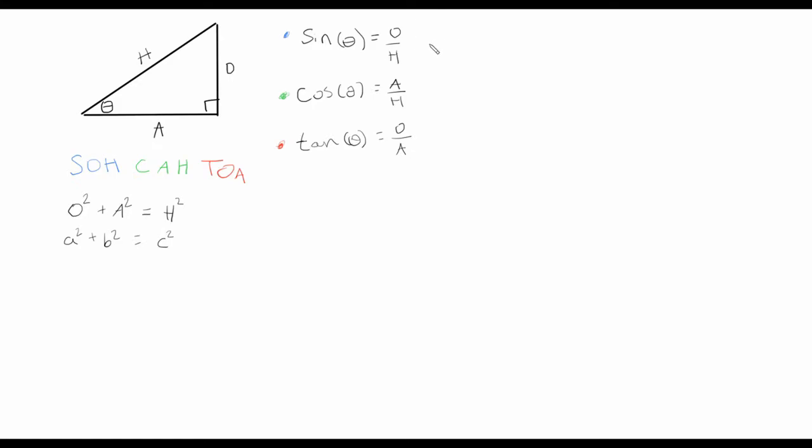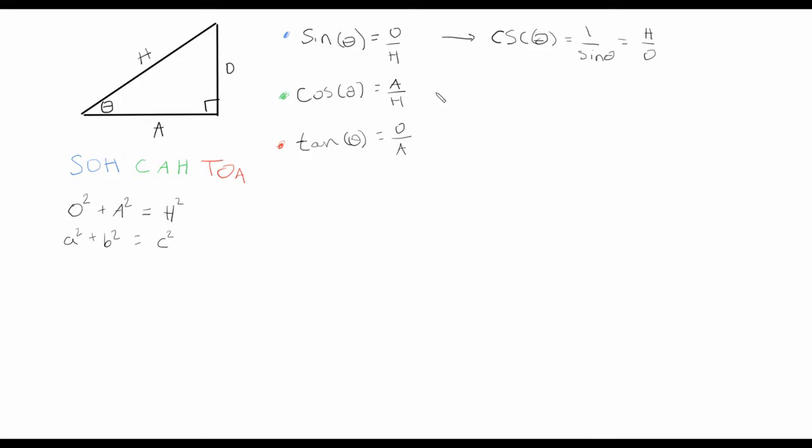Okay, so let's go ahead with some of the other trig functions. Basically, if we just flip sine, cosine, and tangent upside down, we'll get the other three trig functions. If we flip sine upside down, we don't get secant, that's a common mistake, we get cosecant. So cosecant of theta is 1 over sine, or hypotenuse over opposite.